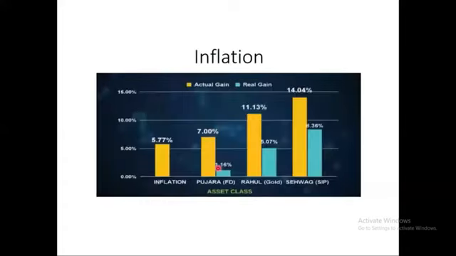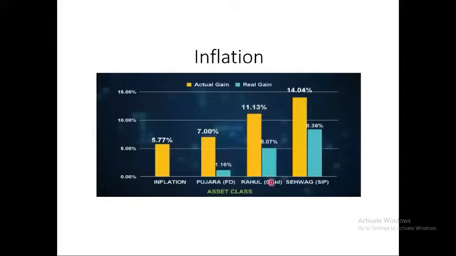Friends, before investing in any asset class, you should make sure whether it is beating inflation or not. If you look at inflation in India, historically it is around 5%. FD return in India historically is 7%. If you minus the inflation, you get a real return of around 2%. If you look at gold, historically it has generated around 12% return.